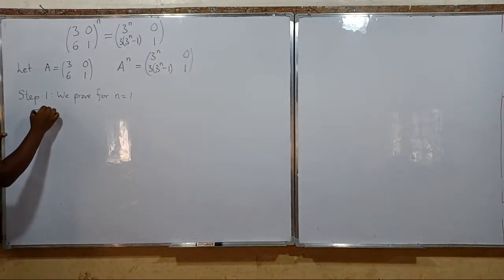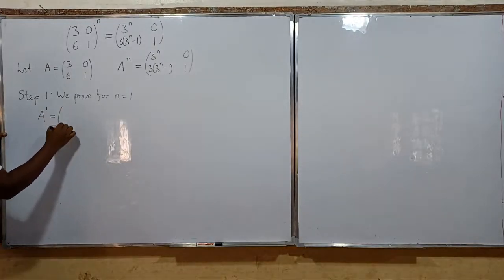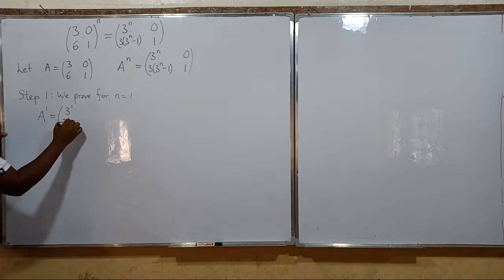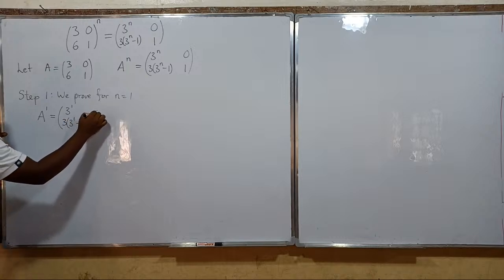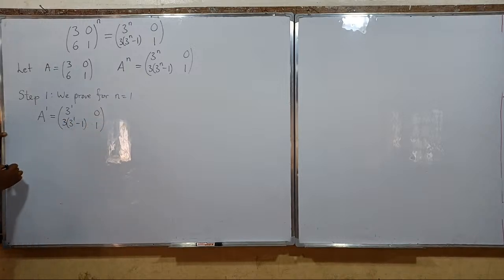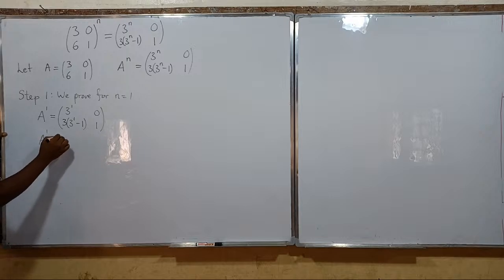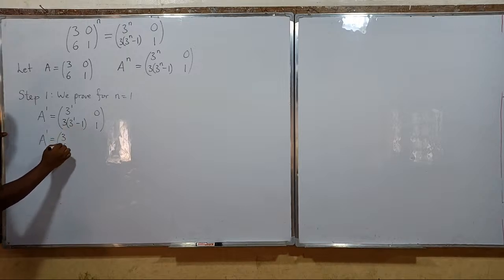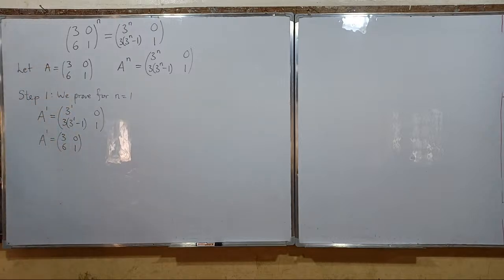A to the power 1 is equal to 3 to the power 1, 3, open bracket, 3 to the power 1 minus 1. There we have a 0, there we have a 1. So what do we get? A to the power 1 is equal to 3 minus 1, that is 2. 2 times 3, 6, 0, 1. So is this true? Yes. So for the first part, it is true.